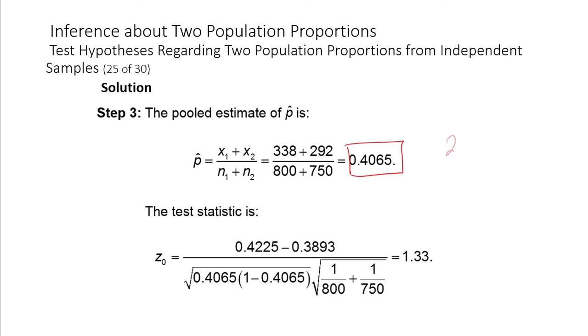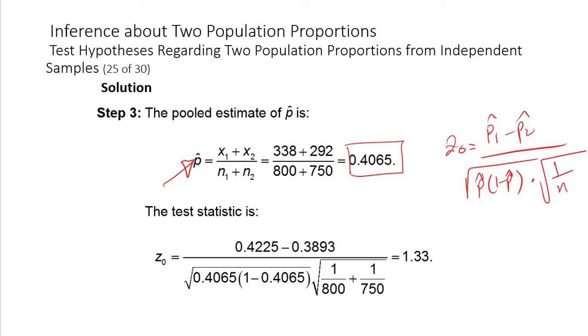We know that z naught is equal to p1 hat minus p2 hat divided by the square root of p hat, which we computed in this step, times 1 minus p hat, times the square root of 1 divided by n1 plus 1 divided by n2. After we compute z naught, we're going to end up with 1.33 for the z statistic.